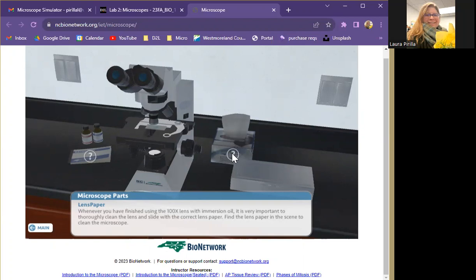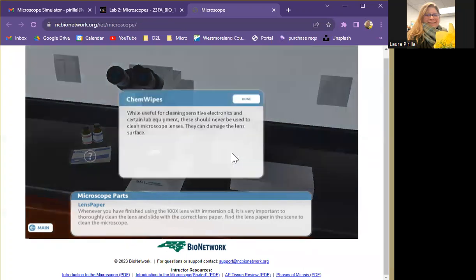So we're going to click on this lens paper here. And those are called chem wipes. So they're calling them chem wipes to avoid using a brand name. A lot of times people call them Kim wipes, as in Kimberly Clark brand. But it's kind of like how facial tissues get called Kleenex, even if they're not Kleenex brand.